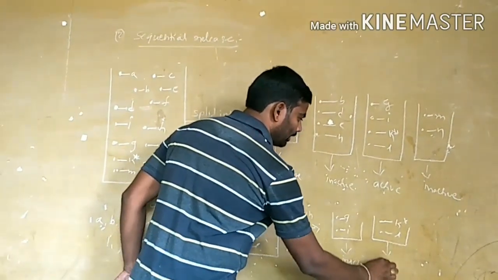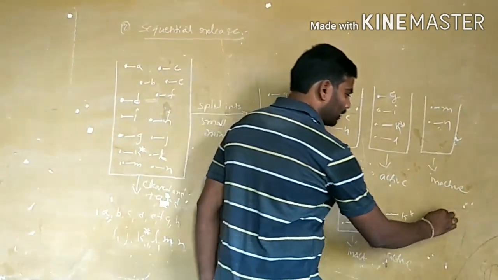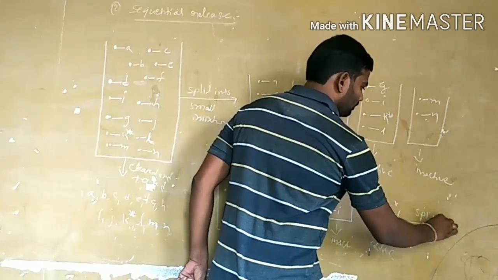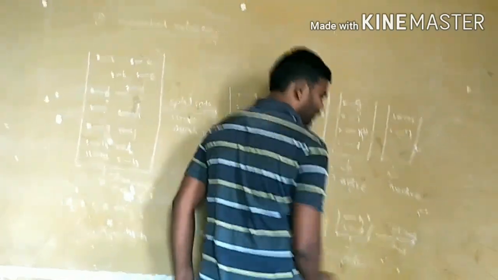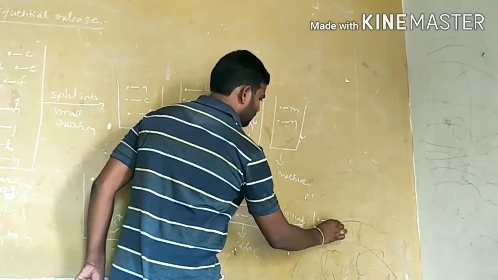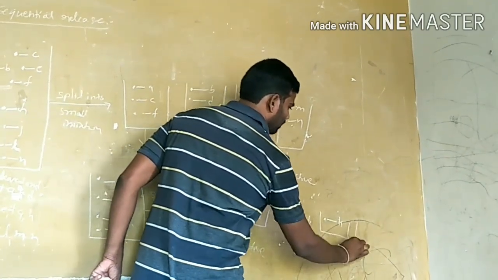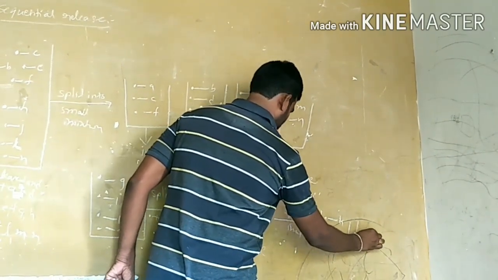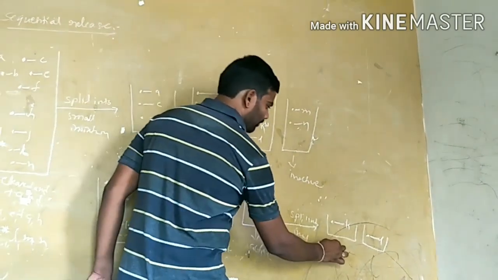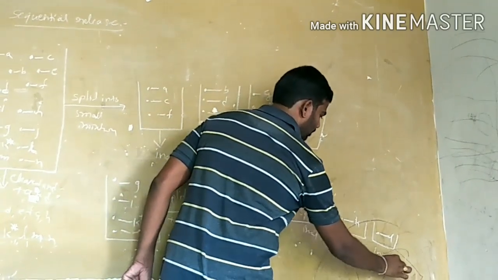If it is showing activity, it's an active compound. And taking this active compound, again split into small portions, K and L. This one is active and that one is inactive.